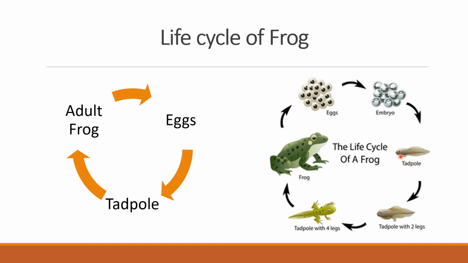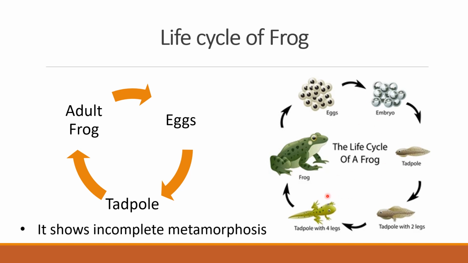and this tadpole is like a small fish and it develops into the adult frog by passing through these growth stages. So this is the life cycle of frog, and this life cycle is an example for the life cycle with an incomplete metamorphosis, because here you find only three different stages in the life cycle.